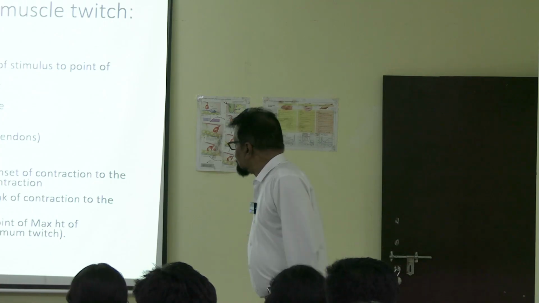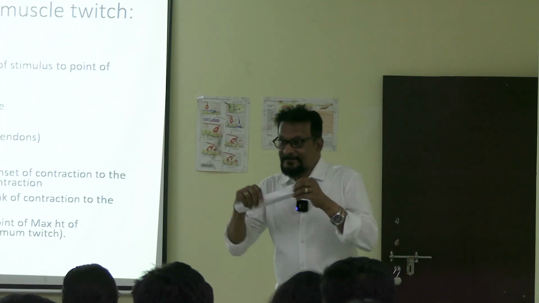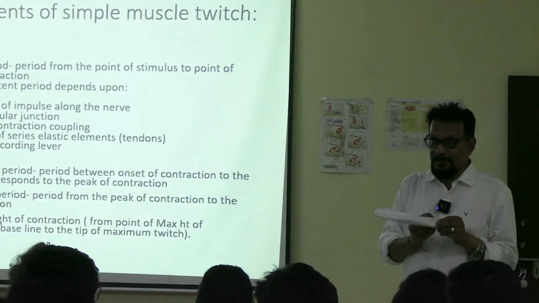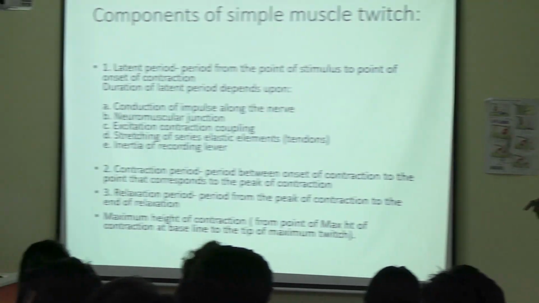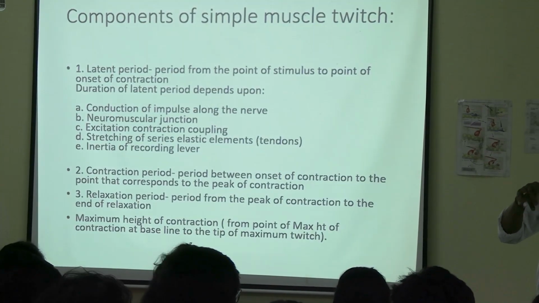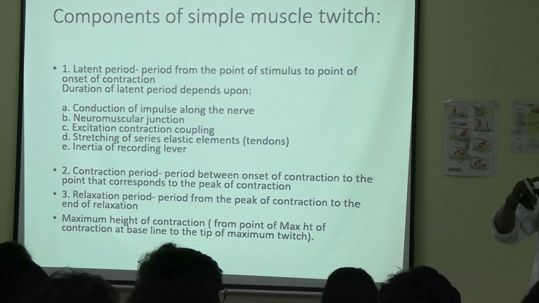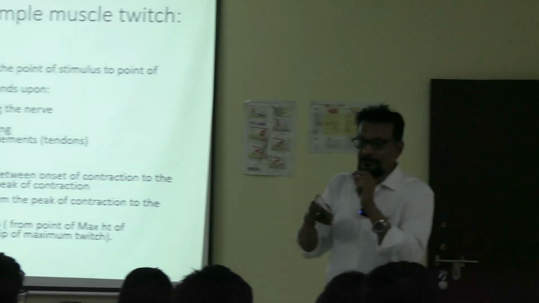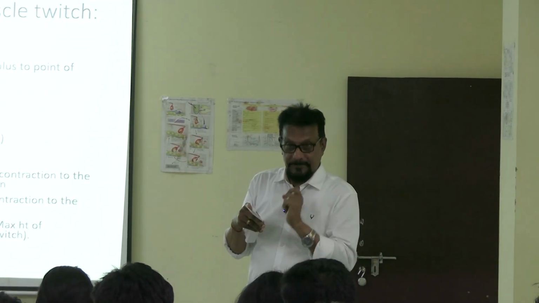Then third point is, there are tendons. Tendons are made of elastic tissues. So there will be stretching. When it is contracted, there will be stretching on the muscle. So this will also take some time.